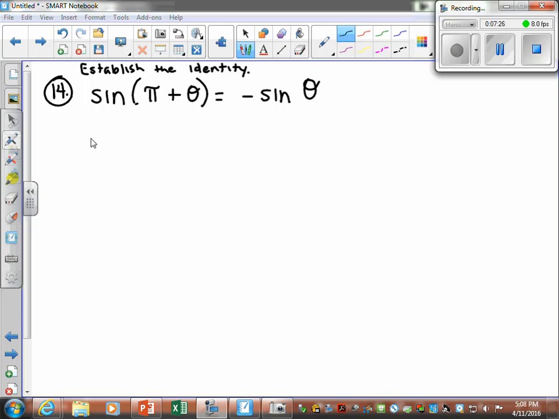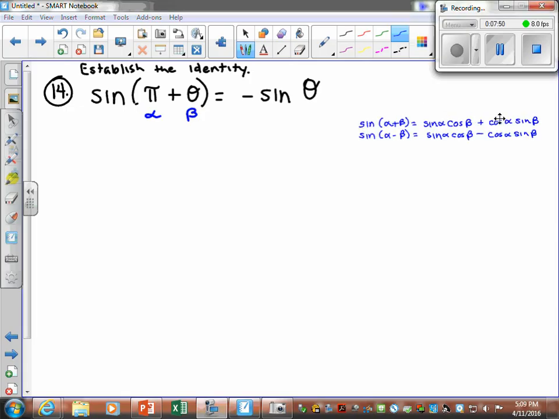Okay, number 14, we want to establish the identity. So we have sine of pi plus theta is equal to the negative sine of theta. Now we want to see this as, first of all, I could label this as an alpha and this is a beta. So I'm going to go pull my formula for sine alpha plus beta.